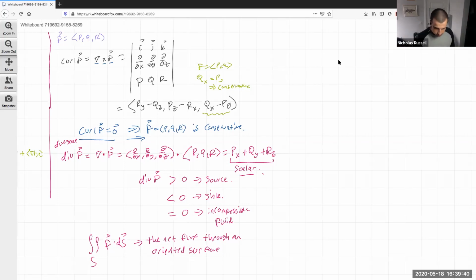This basically is talking about how much fluid is moving through a surface in a unit time. Think about it that way. If it's positive, that means more fluid is moving through it than coming into it. And similarly, if it's negative, it means more fluid is moving into it than moving away from it.